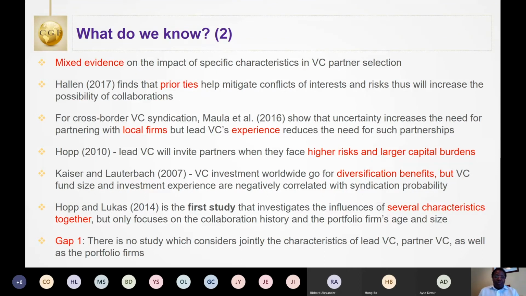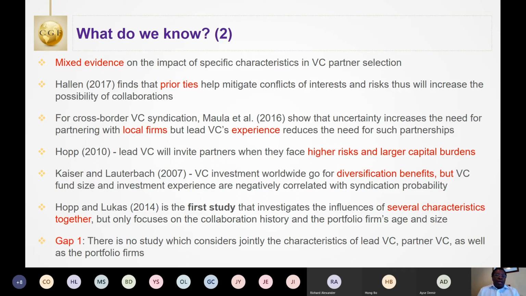However, Mora goes a little bit further and says, when you are looking at cross-border VC syndication, these foreign firms would be looking at identifying local firms that have a clear understanding of the firms that may want to raise money through VC, and that would reduce the amount of uncertainty.